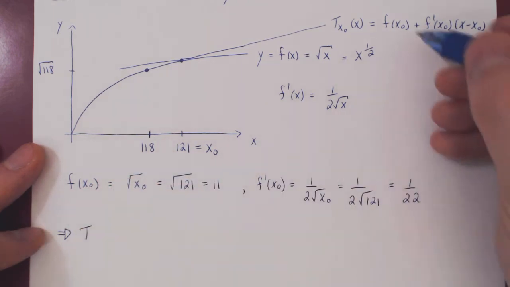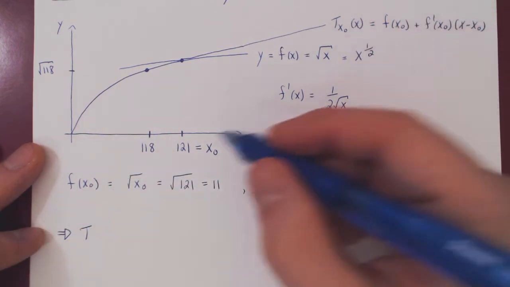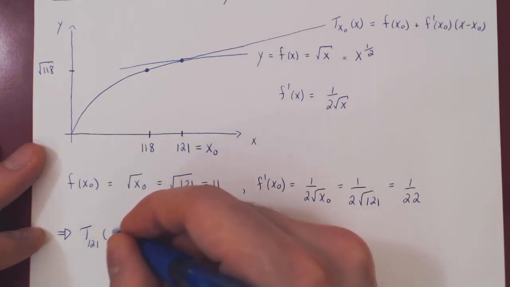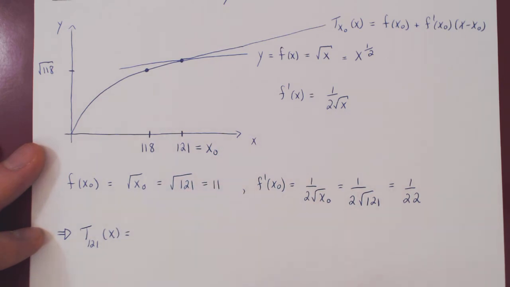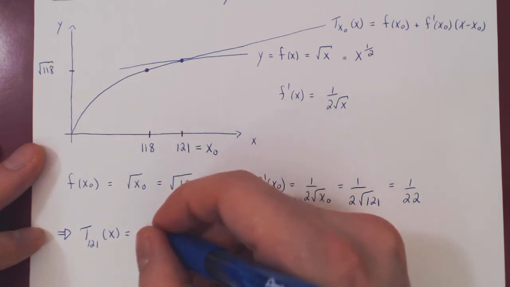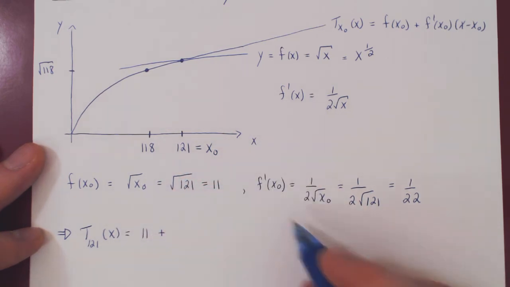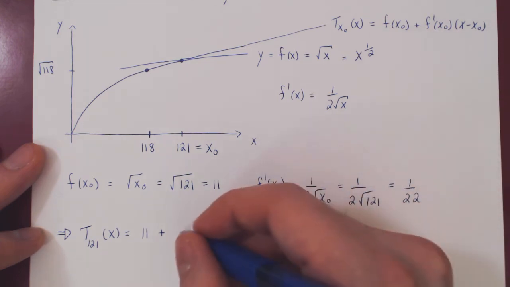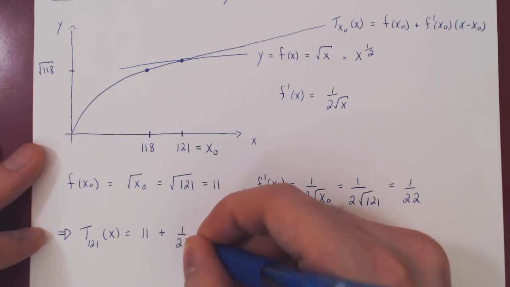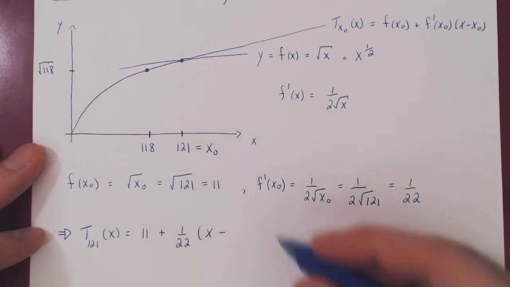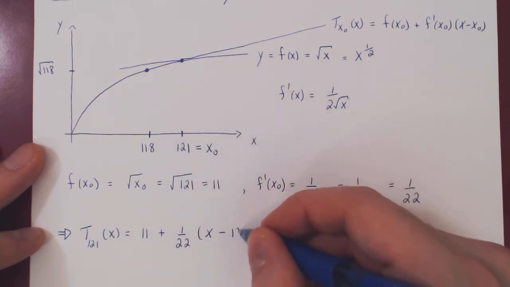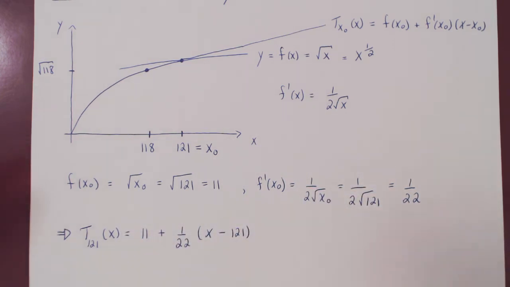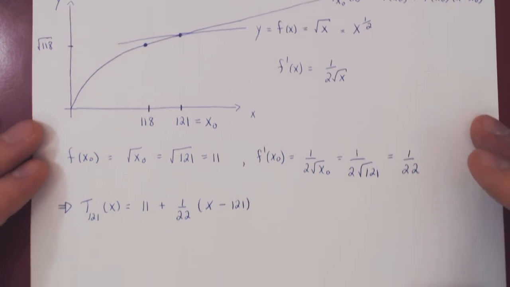So the tangent line around the point x0, being 121, as a function of x ends up being f of x0, 11, plus the derivative at x0, 1 over 22, times x minus x0, x minus 121. And now we have the equation of our tangent line, and we are now ready for our linear approximation.